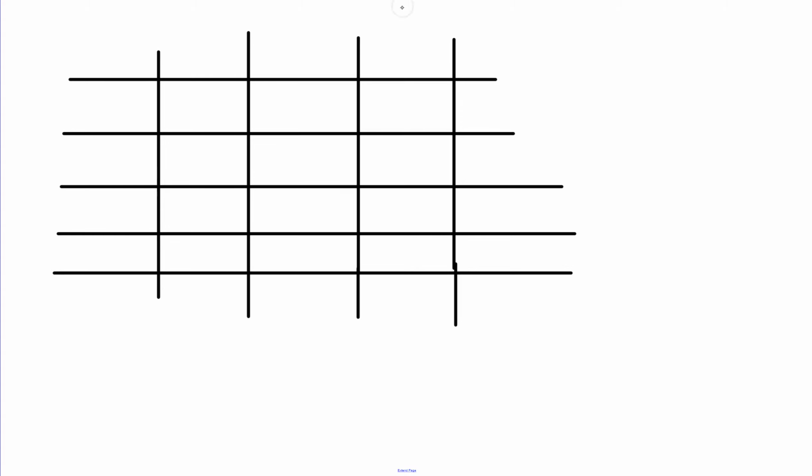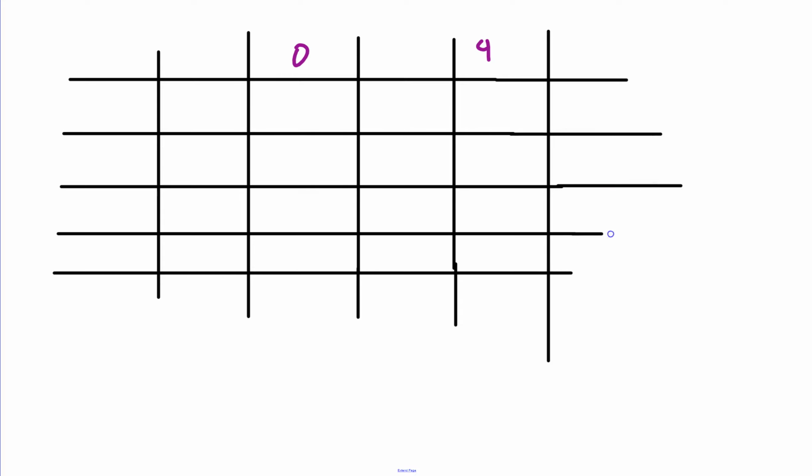So what were the points that we had? Well, we had x is equal to 0 and x is equal to 4. I'll just add one more line. Okay.